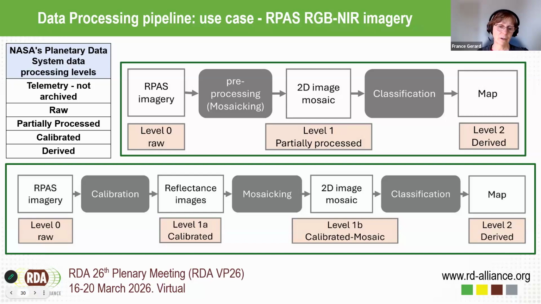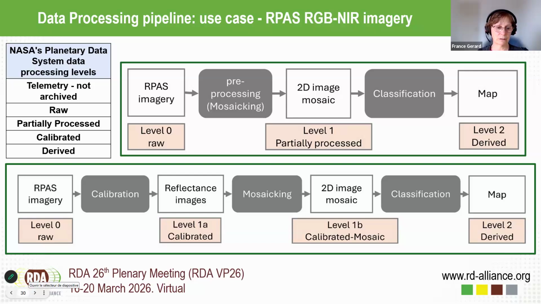But imagine that we're actually interested in reflectance, some form of calibration of these images, so we can do time series analysis, and we can compare one image from one time point to the other by either normalizing or creating reflectance data. Then all of a sudden, level 1 becomes a little bit more tricky, because we have two bits of processing that are actually quite important.